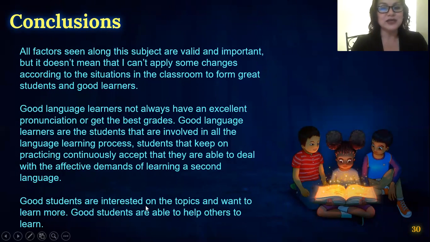Good students are interested in the topics and want to learn more. Good students are able to help others to learn. Those are some of the main concepts that I saw along this subject.